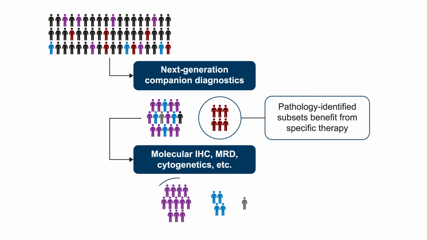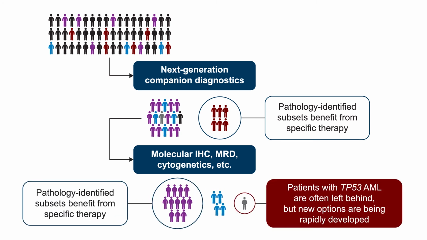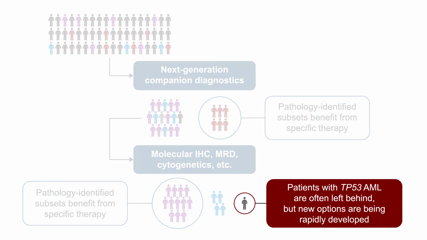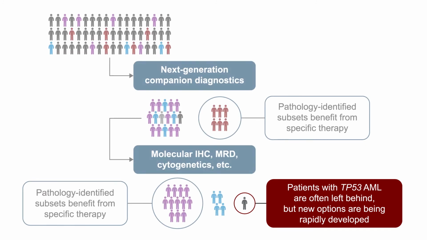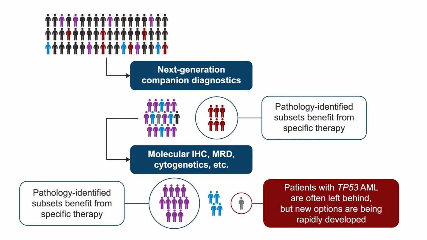It is fair to say that until now, patients with mutant P53 AML have been part of the left-behind cohort where very few treatment options existed. But now we have several options that might become useful therapeutic options for patients with P53 mutant AML and MDS. And some of those options we discussed today.